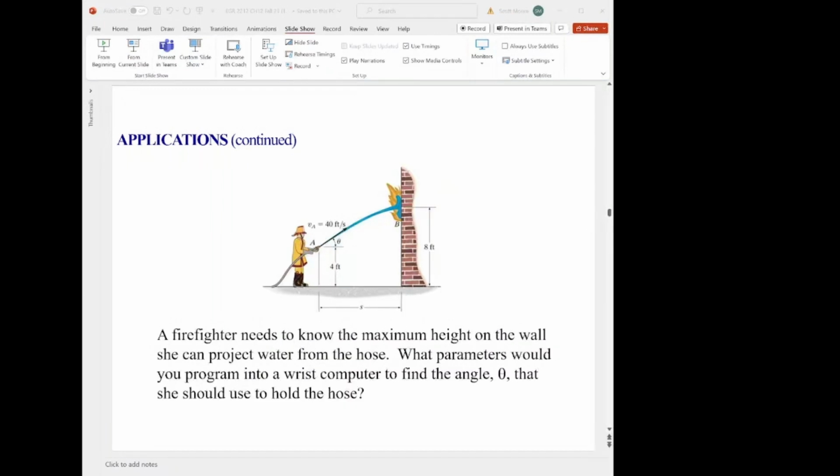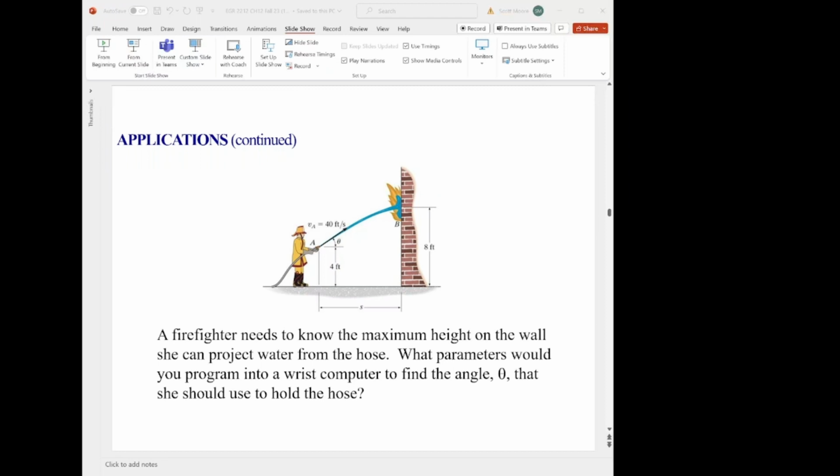In the next example, firefighters are using a hose to try to put out a fire, and what parameters would they need to know in order for a computer to determine the angle at which you should aim the water hose? Well, one, of course, would be the height of where the hose is located.